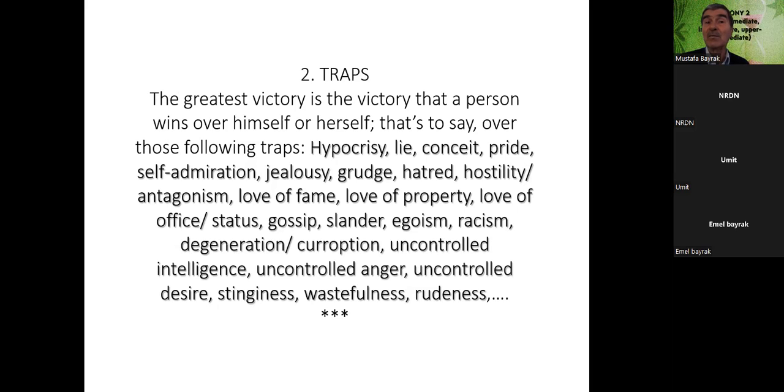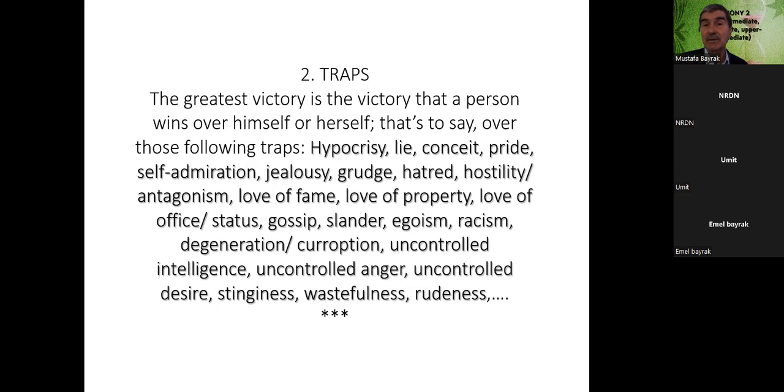A person who wins over hypocrisy, over lie, over conceit, over pride. These are nouns, but negative traits or bad traits, negative human qualities. They are also qualities, but they are negative.